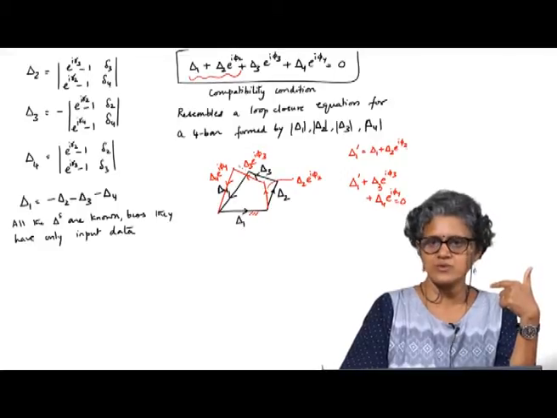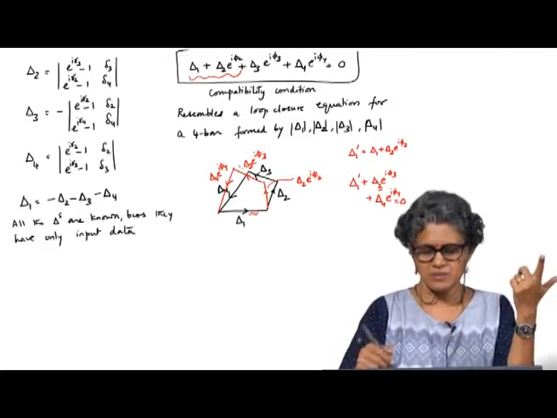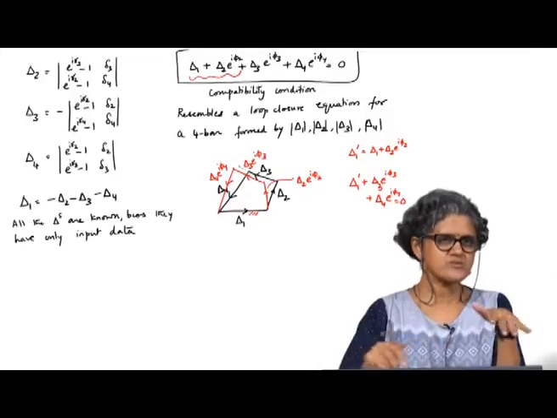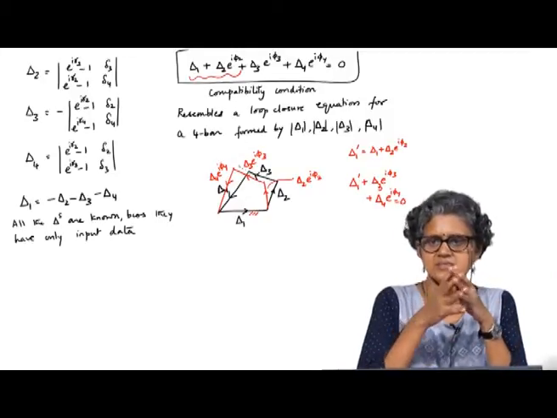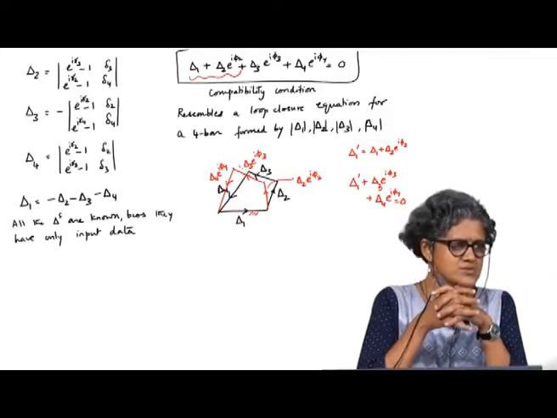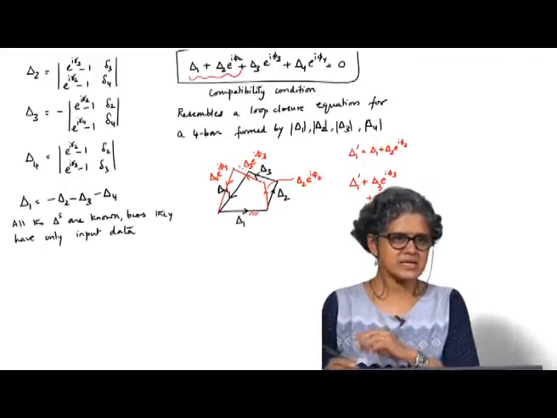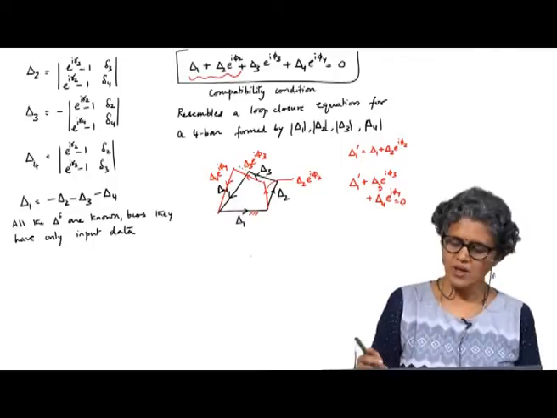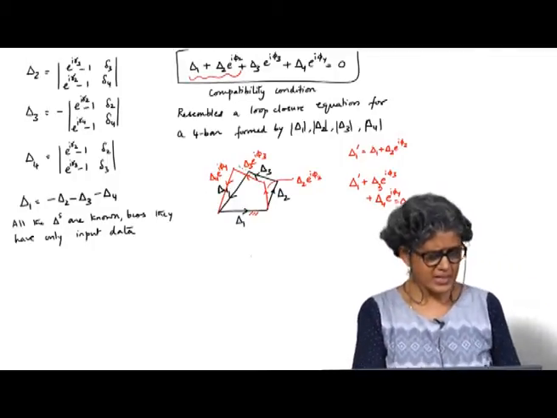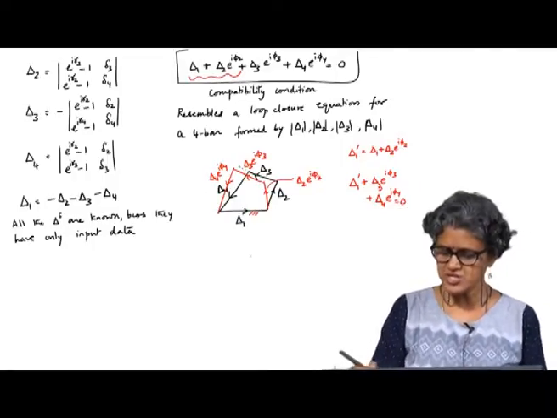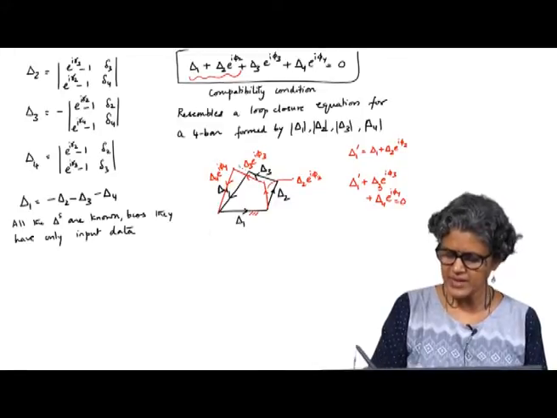That is another way you could do that, but I think it is useful to have this 4 bar position analysis code. It is useful for you to do that. And the circ command makes it really easy to write. So, you solve this compatibility condition, and for each phi 2 I will get what?